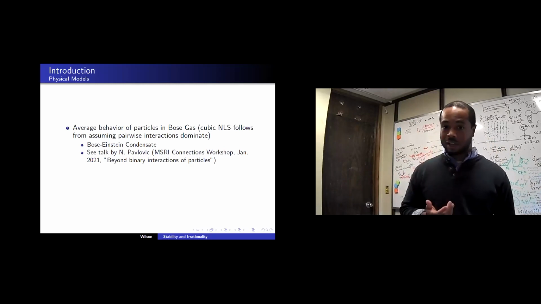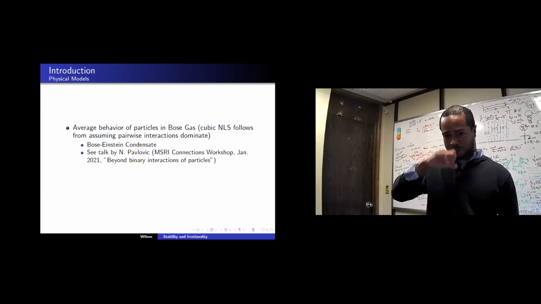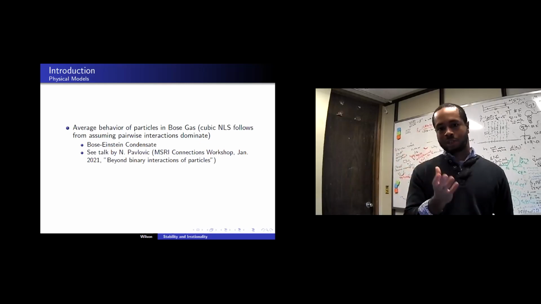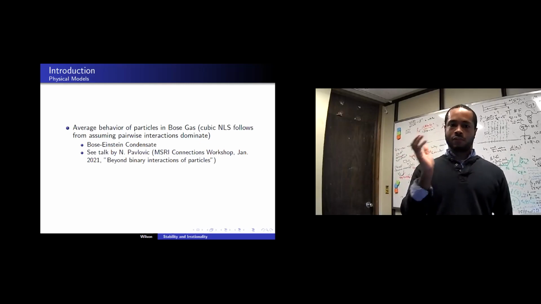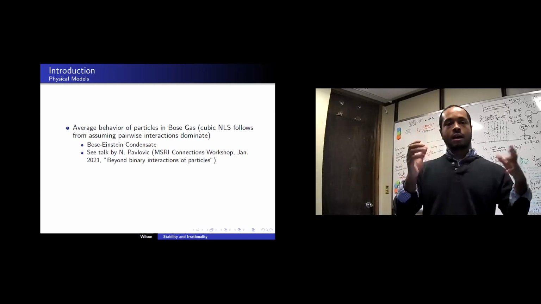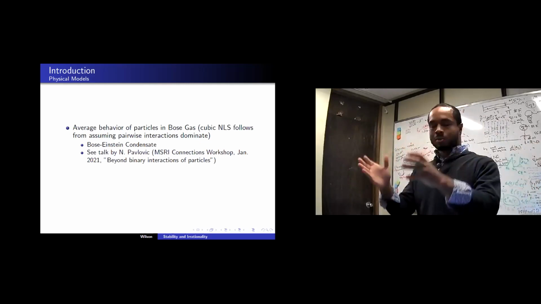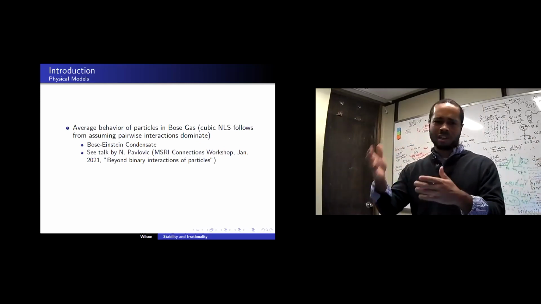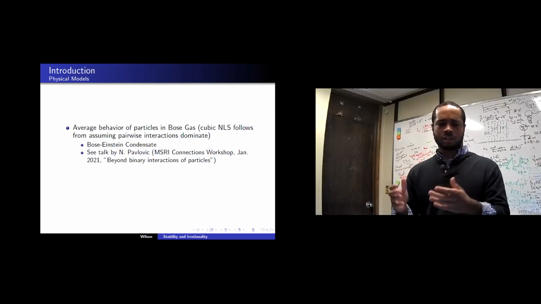Particularly, I saw a talk, I think 2 weeks ago now, by Natasa Pavlovic in the MSRI connections workshop associated with the fluid dynamics semester they're running, and she did a very good job of explaining exactly the transition between the physical models of particles in a gas, going from that to the Gross-Pitaevskii hierarchy, and then from that the factorization that gives you cubic, but in her talk in particular she talks about quintic nonlinear Schrodinger equations.